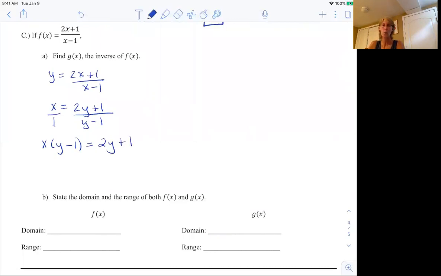Now I want to get the y by itself, but it's stuck inside parentheses. So I have to distribute to get rid of those parentheses. My goal is to solve for y, so I need to get the y's on the same side. So I'm going to bring this y over, xy minus 2y. At the same time, I'm going to add the x to the other side.